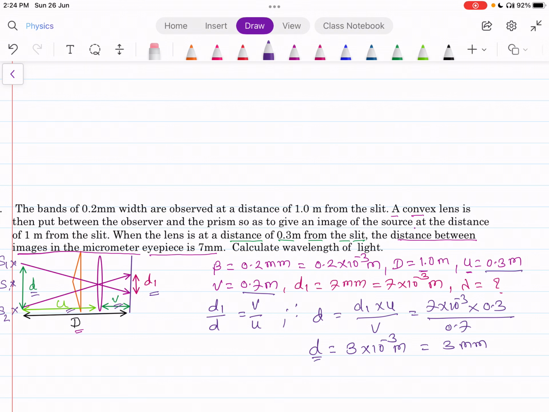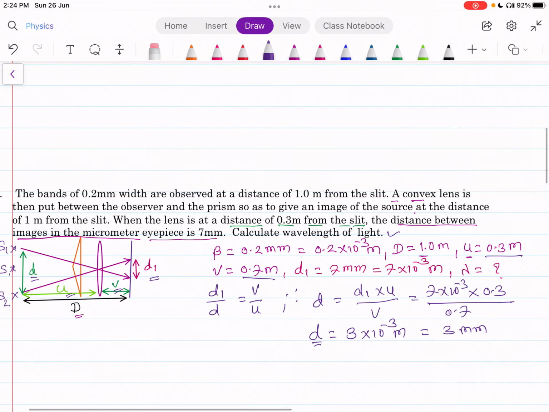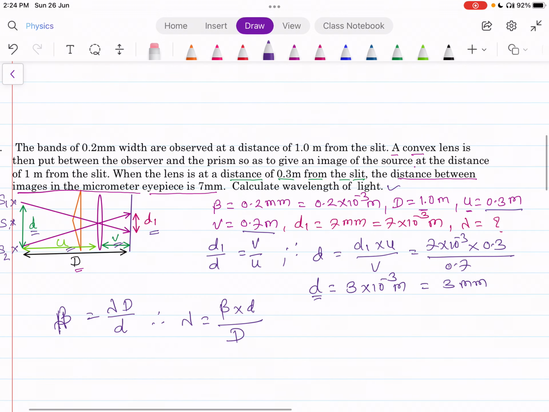So we got the value of d, but we have to find the wavelength. So we have the formula: the fringe width beta is equal to lambda into capital D upon small d. Therefore, lambda is equal to beta into small d divided by capital D. We know the value of beta.